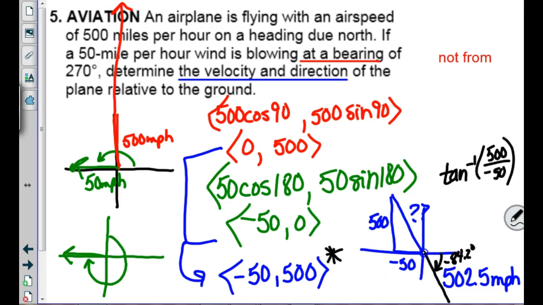That would then also be here, 84.2 degrees. So if we want a bearing, what could we add to 84.2 to make it off of north? 90, 90, 90, plus 84.2 all the way off of north. So add 270 to that, but we need a positive. 84.2 plus 270.